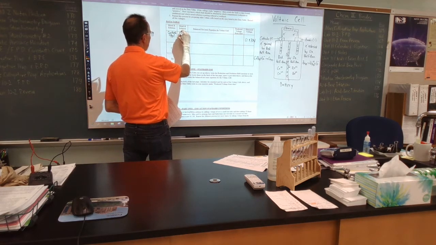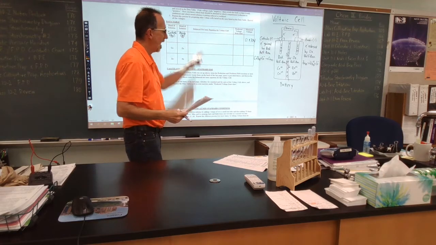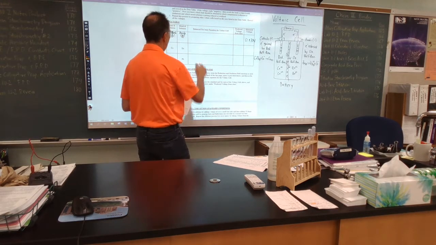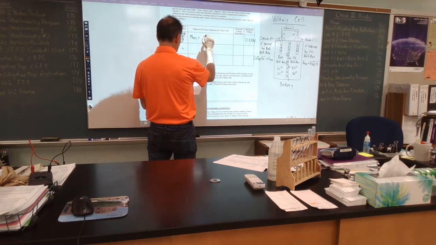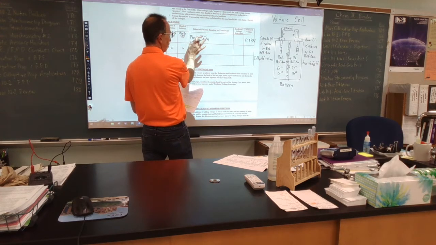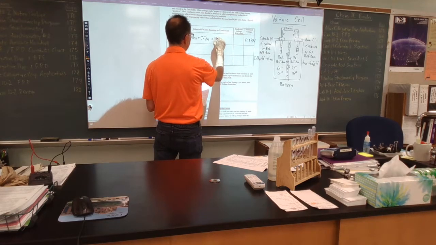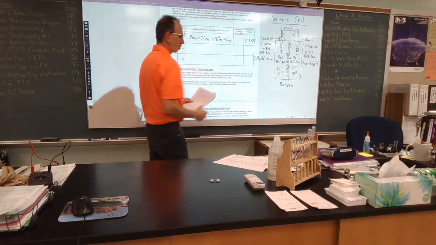Our lead was anode, which was oxidation. The ionic equation for this reaction, for this voltaic cell, we just determined a little bit ago. I'll rewrite it here. Pb solid plus Cu plus 2 (aq). Of course, these can be reversed around. Yields Pb plus 2 (aq) plus Cu solid.